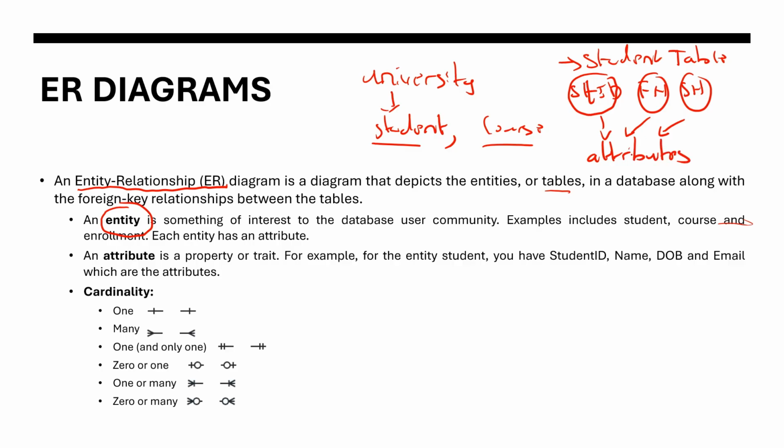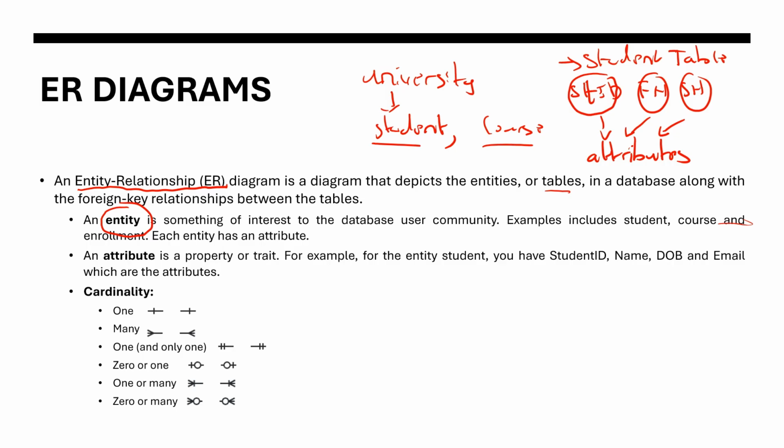They are basically the properties or the traits of that particular entity. So you have a student ID, the first name, surname, the date of birth and email, and all this different information is what we call attributes. So just bear in mind, in a database, when we are referring to an entity, we are basically referring to a table that contains different attributes.